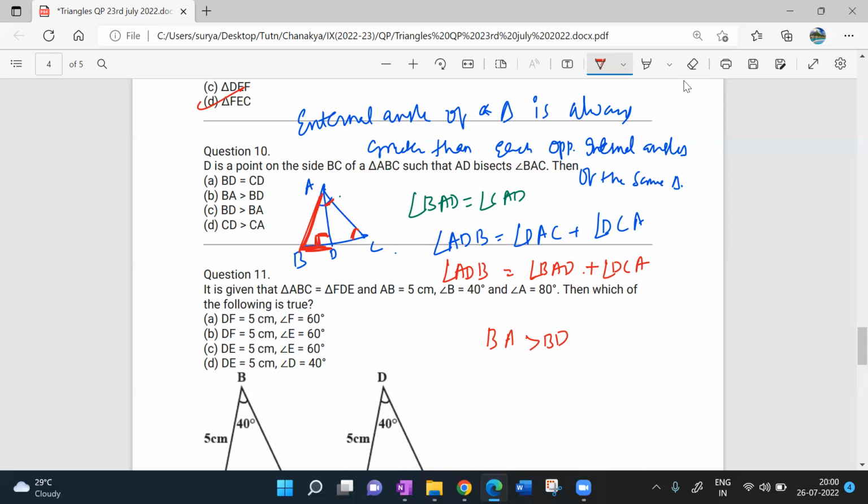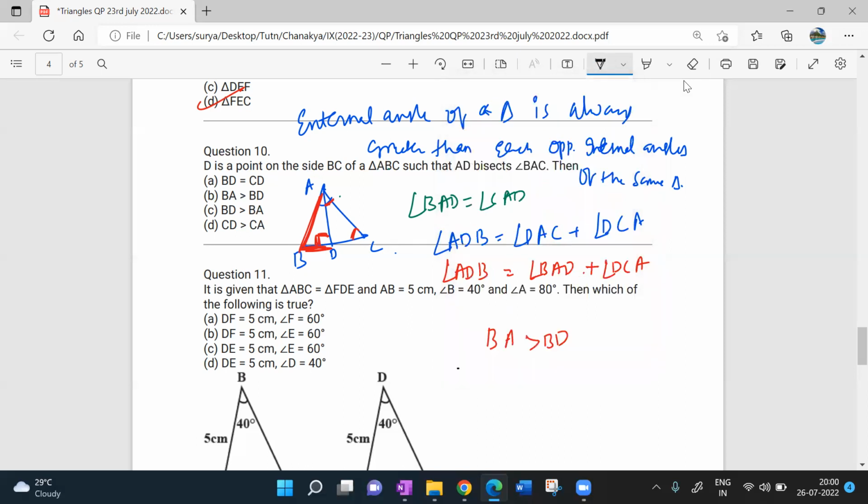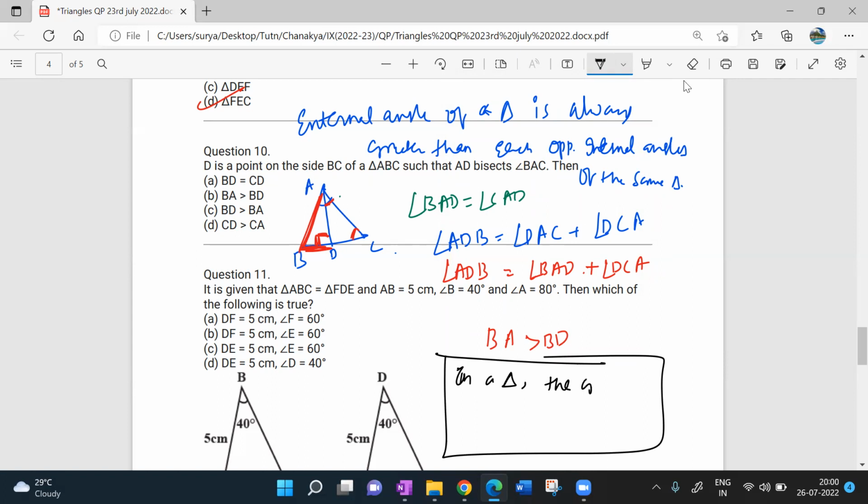And one more thing I'll tell you here. If you don't understand like this, I'll tell you one beautiful property. Everyone look at the board clearly. In a triangle, what happens? Everyone listen to me carefully.